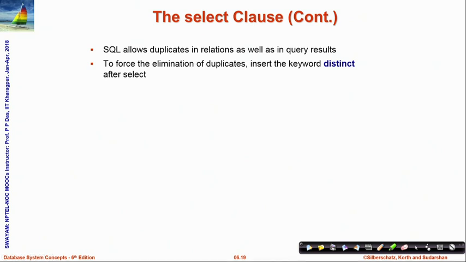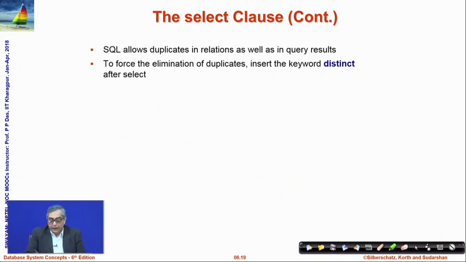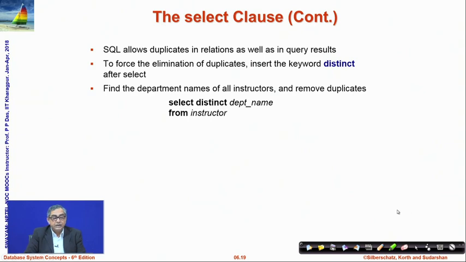So, if you want a typical set theoretic kind of output, that is, if you want the result to be distinct, all records to be distinct, then you have to explicitly say that you want distinct values to be selected. All that you are doing is, after select and before the attribute name, you introduce another keyword, distinct.